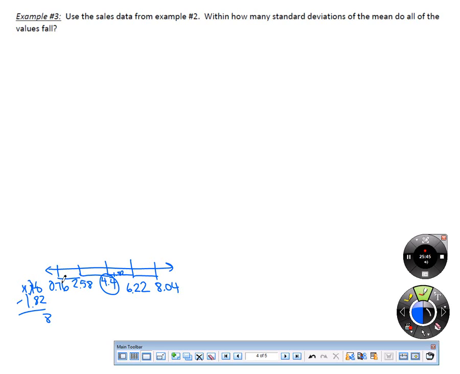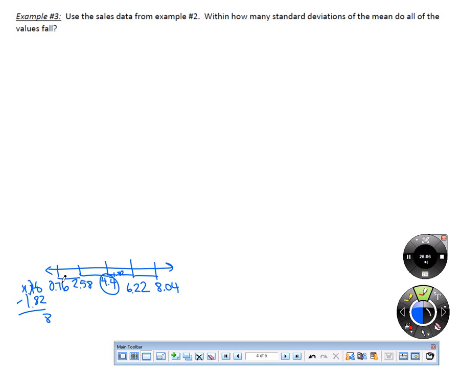Okay, so this means if we considered all sales between 0.76 and 8.04, we would be considering all sales numbers that are within 2 standard deviations of the mean instead of 1. Does that make sense to everybody? Okay. And again, that standard deviation was determined by the data. So then we have to look at our chart to answer their question.